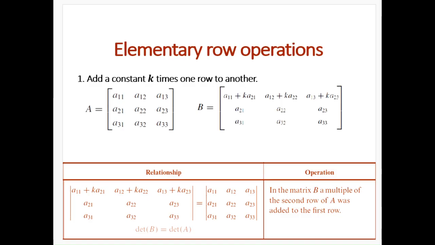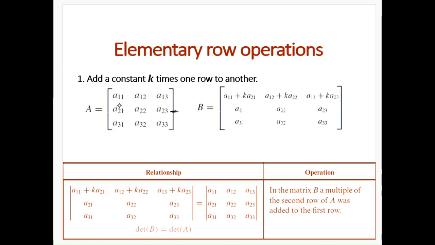And now for our third elementary row operation. With this relationship, you can see that matrix B here on the right was formed by multiplying the second row. This second row of A was multiplied by a non-zero scalar k and added to the first row.